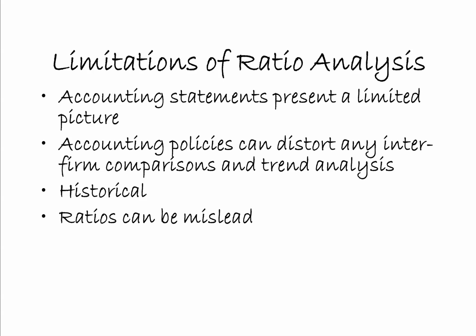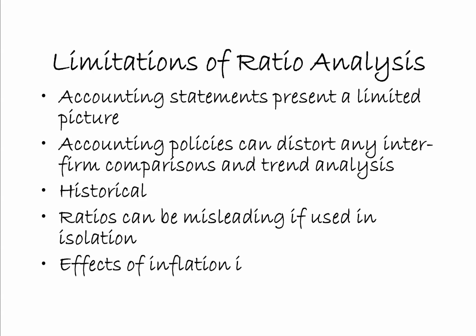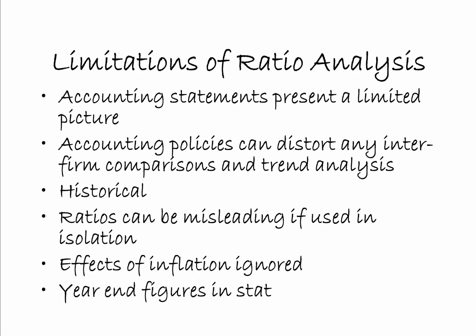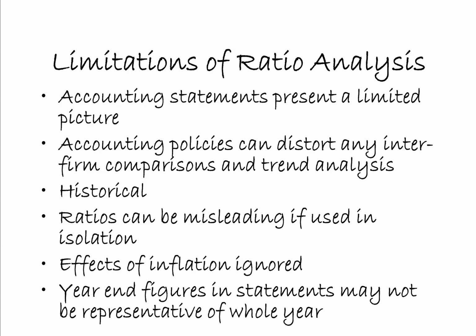Also, ratios can be misleading if used in isolation. So you should always try to use ratios with additional data or information. The effects of inflation are ignored, and also the year-end figures that are in the financial statements may not be representative of the whole year.